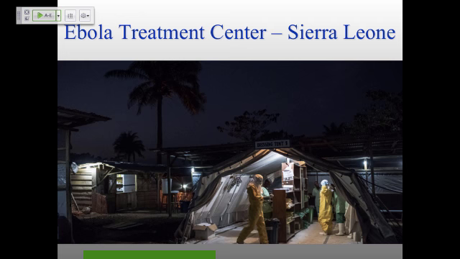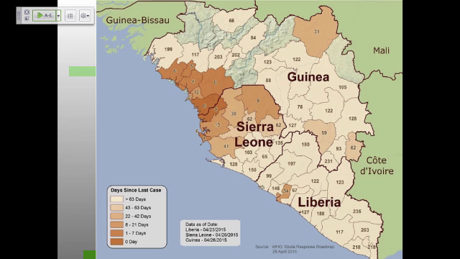Because of these kinds of measures, if you look at recent cases, the map looks a heck of a lot better. So if you look here, this is now immediate cases, 0 days, back up to greater than 63 days. Most of these new cases are in the major population centers of Sierra Leone and Guinea.